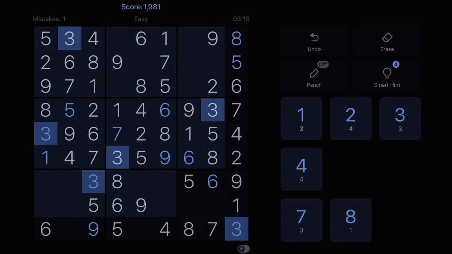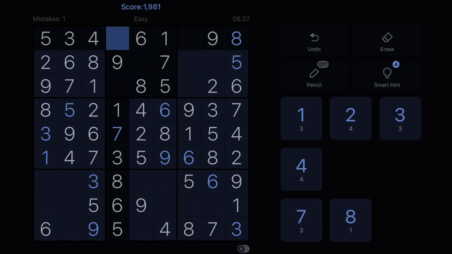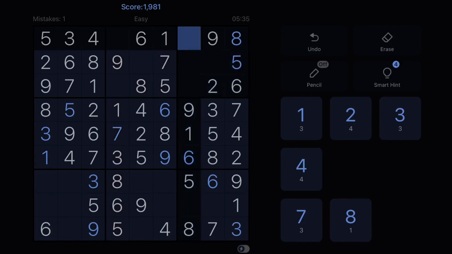Let's see what else. Let's try this one, the middle square on the top. Actually, not the square, but this row. This row has 2 numbers missing, and it's a 2 and a 7.